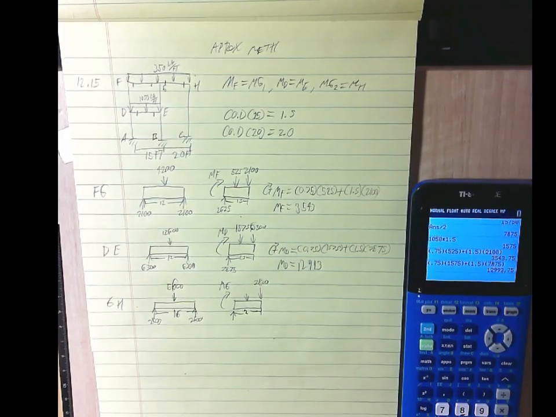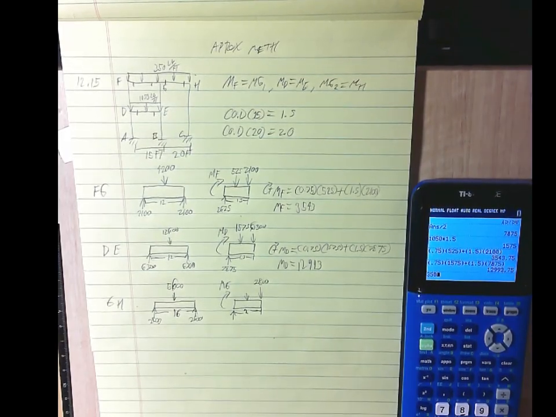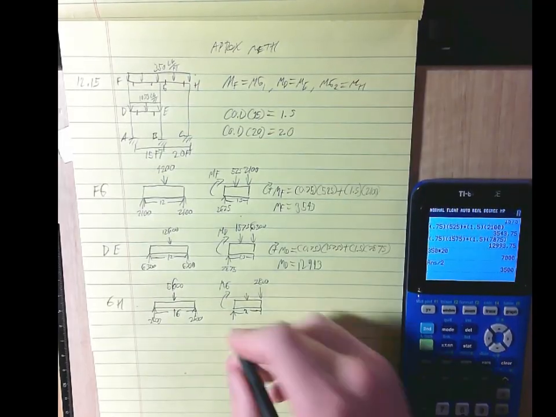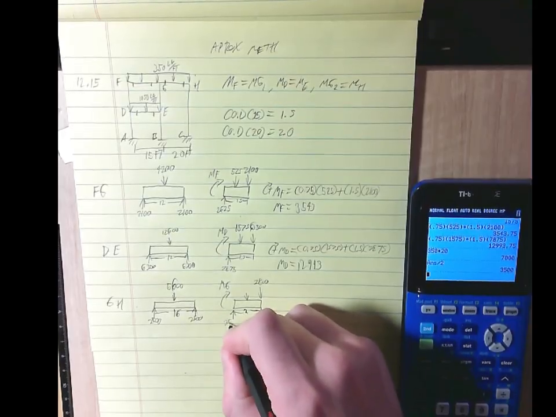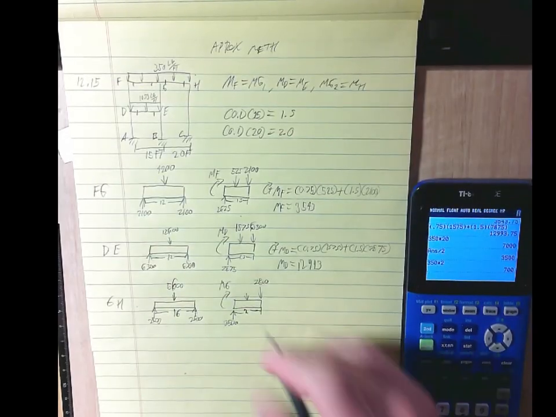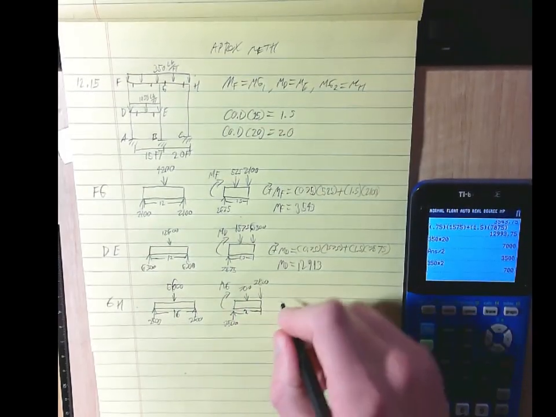Now on to the last one here. Here we have 350 times 20 divided by 2. It's going to be 3,500 on that support, and then 350 times 2 is going to be 700 right on that support.